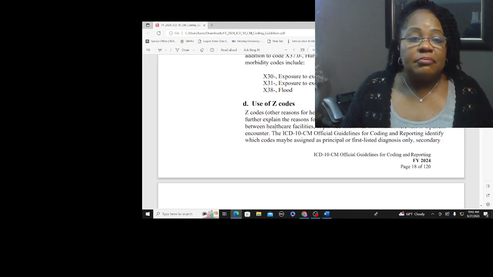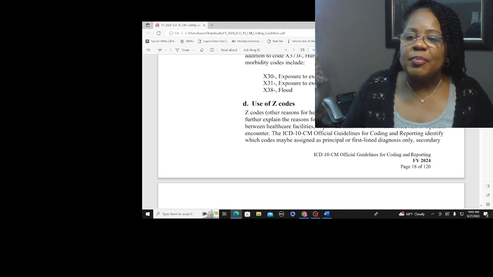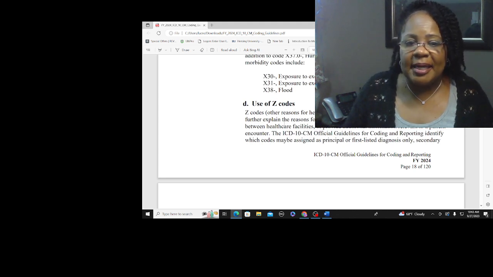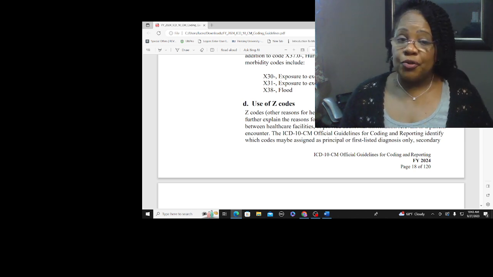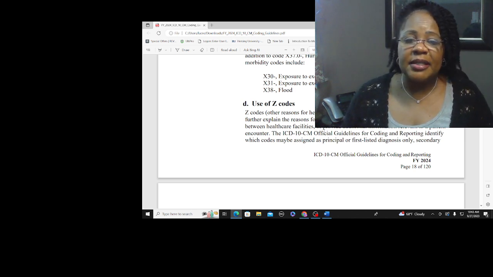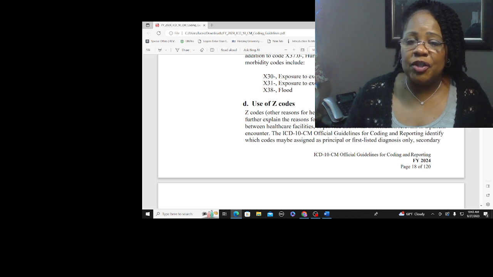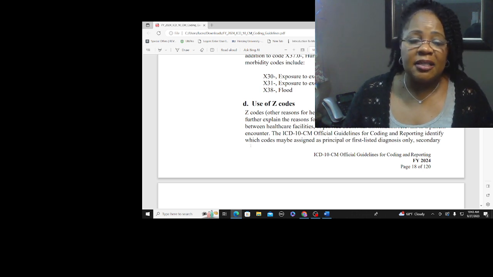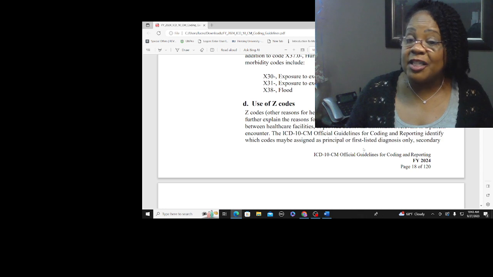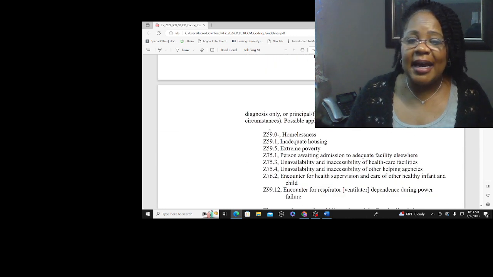Z codes, which are other reasons for healthcare encounters, may be assigned as appropriate to further explain the reason for presenting for healthcare services, include transfers between healthcare facilities, or provide additional information relevant to a patient's encounter. ICD-10-CM official guidelines for coding and reporting identify which codes may be assigned as principal or first listed diagnoses only, secondary diagnoses only, or principal, first listed, or secondary, depending on the circumstances.